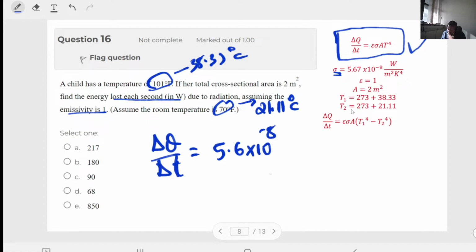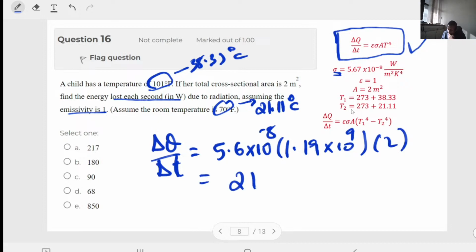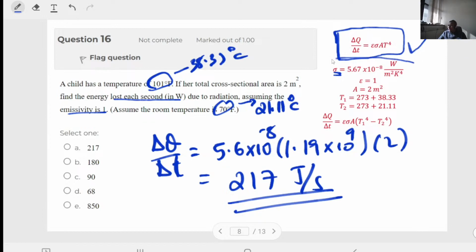I got about 1.19 times 10 raised to 9, times the area, which is 2. Therefore, I got about 217 joule per second. That's my number. But basically, the question is about knowing the formula and also knowing the sigma of a human being.